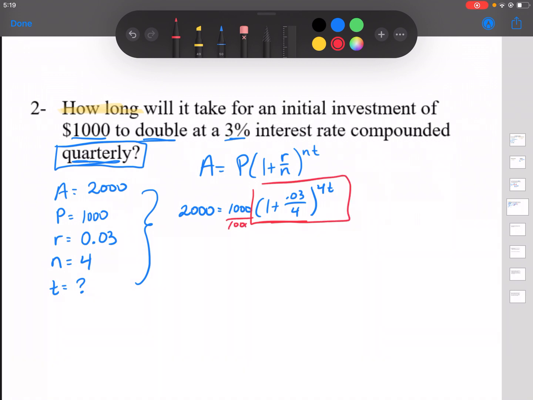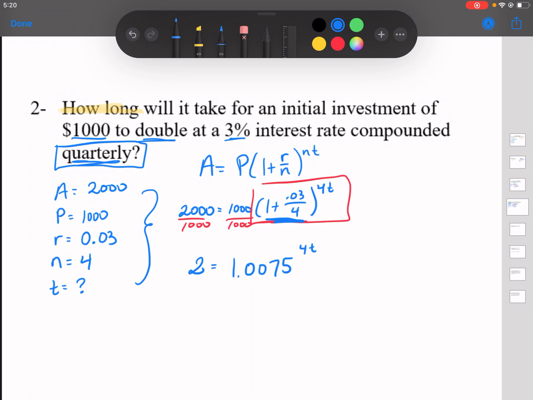So I'm going to divide both sides by 1,000. And then at the same time, I'm actually going to simplify the 1 plus 0.03 divided by 4, just because it'll make my life a little easier. 1.0075 raised to the 4t.